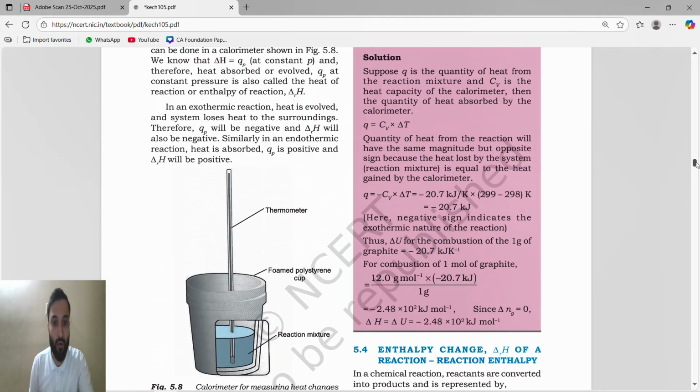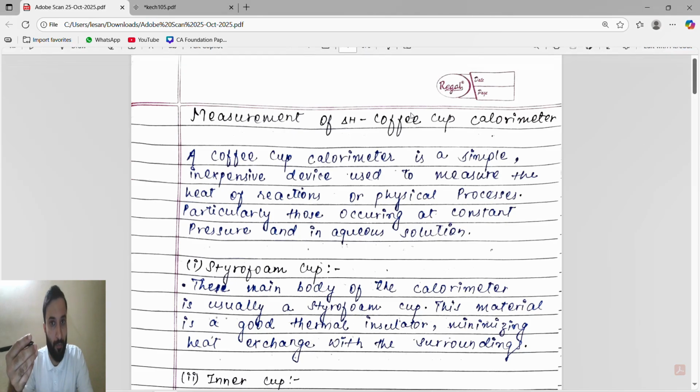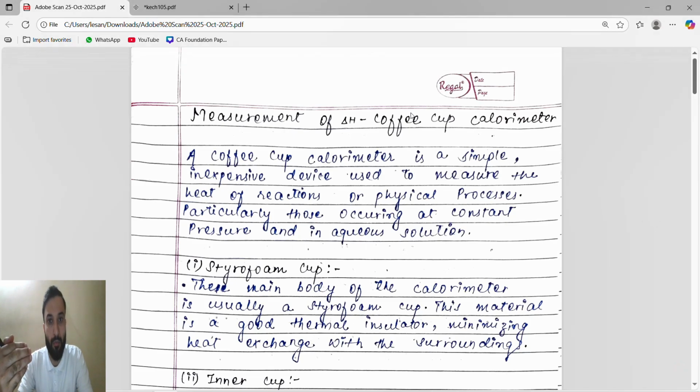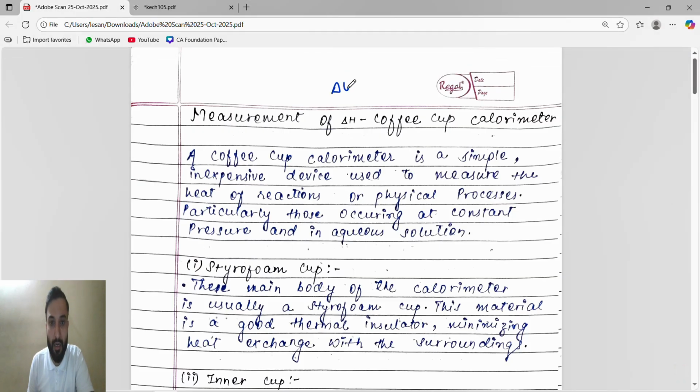The name of this is coffee cup calorimeter. Measurement of delta U means measurement of change in internal energy. Delta U means nothing but change in internal energy, and understand one more thing, sometimes in place of delta U they will say delta E. Both are nothing but change in internal energy.